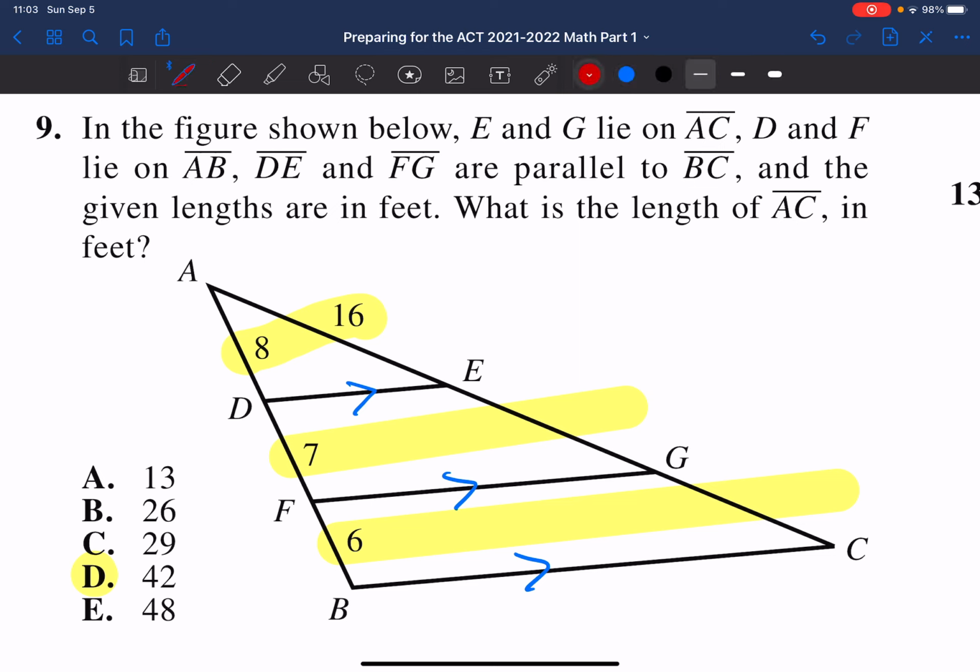So from 8 to 16, it's times 2. Well, same thing is going to be true here, and the same thing is going to be true here. It's just doubled. So this side length is going to be 14, and this side length is going to be 12. So 16 plus 14 plus 12, when I add those three up, that is going to equal 42. So that's the other way to think about this problem.